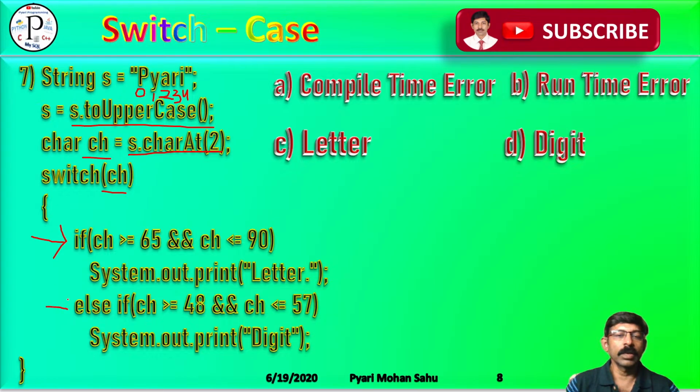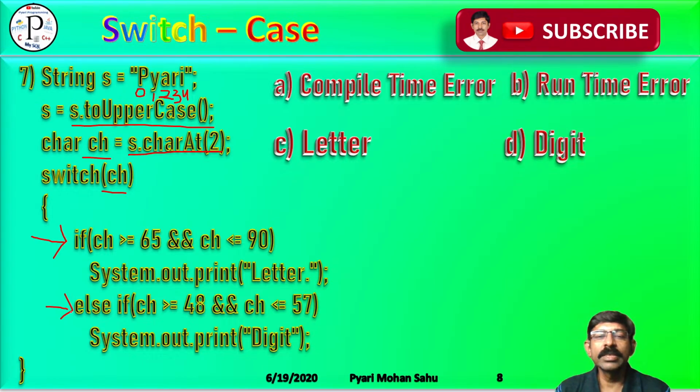Now we have if and else if. We have a display statement. We don't have any break. The answer is 7C, letter. Good. Sir, I have given the answer from the second number, but I received this as your first answer, Subhasmita. Samir also first answer. Okay, the answer is letter, 7C.